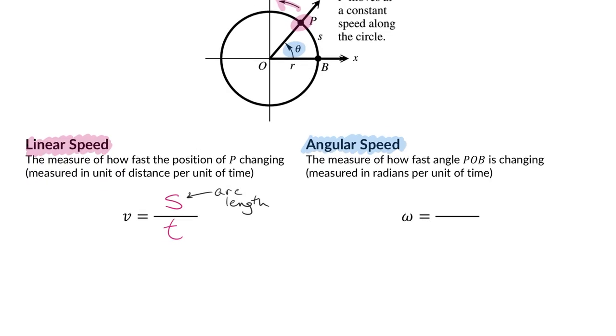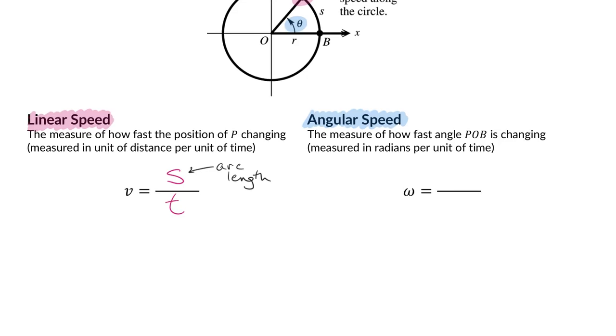Now here's something interesting, because we know that arc length has a formula from 3.2. Does anybody remember that formula? How do you find arc length? Arc length is S equals R times theta.